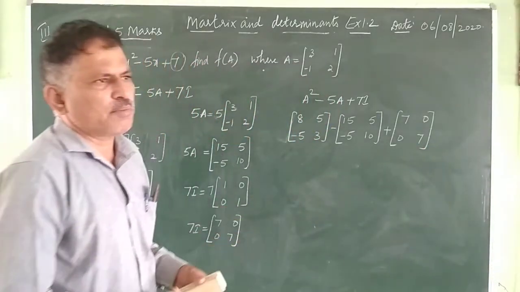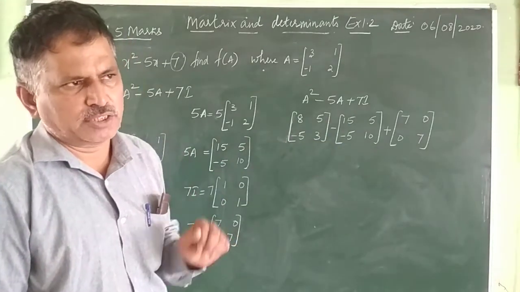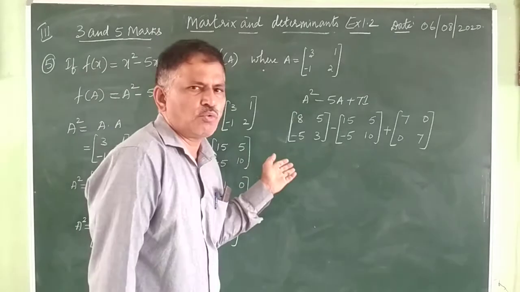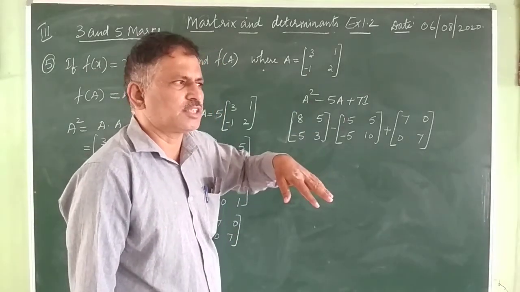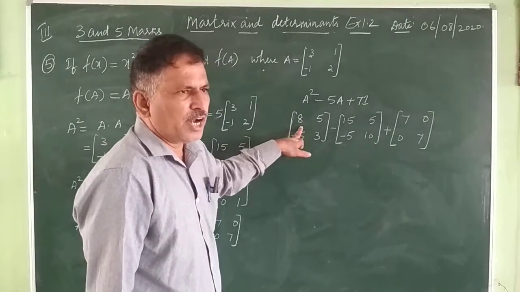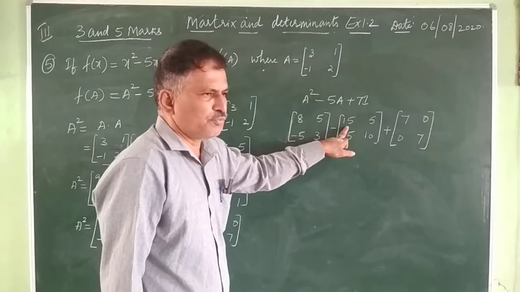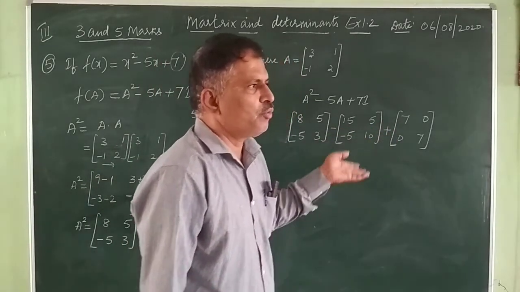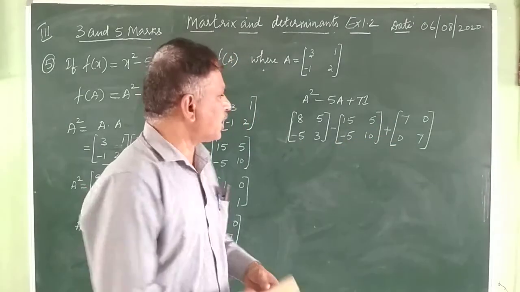Now this is nothing but the subtraction as well as the addition of matrices. For the addition or subtraction of matrices, we take the corresponding elements. In this matrix, the first row, first element is 8, here it is 15, and here also the first row, first element is 7. That means you need to add or subtract the corresponding elements.